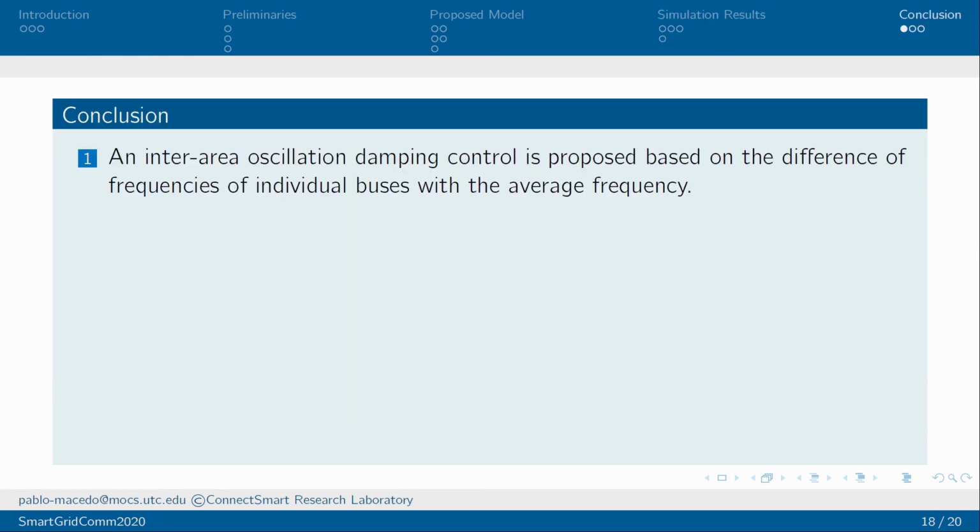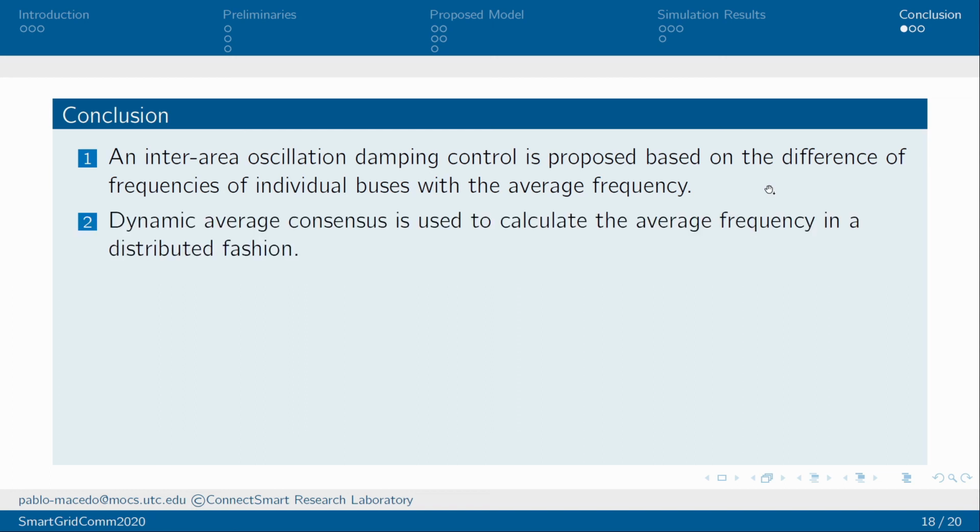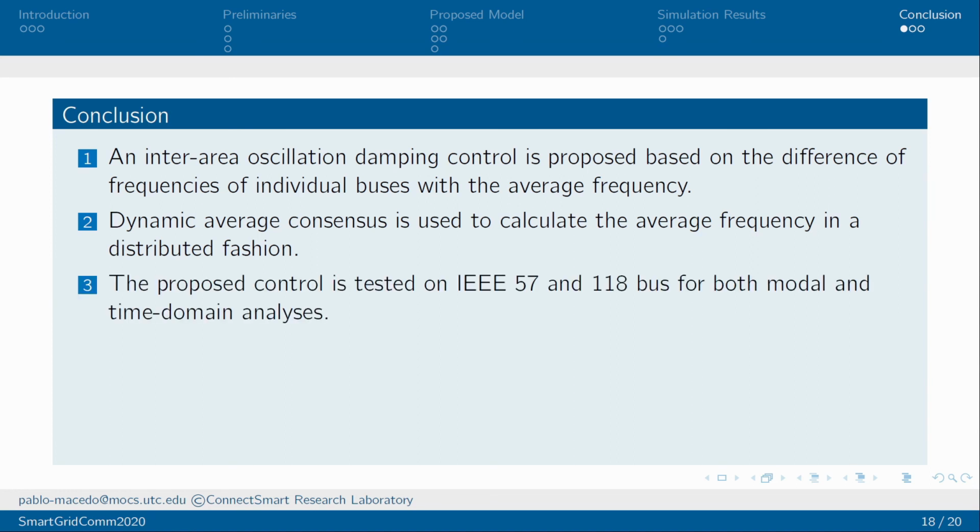So in this work, an inter-area oscillation damping control is proposed. It's based on the difference between the frequencies of individual buses and the average frequency. It can easily be accomplished by the dynamic average consensus. The proposed control was tested on the 57 bus and the 118 bus systems, in both time domain and modal analysis.